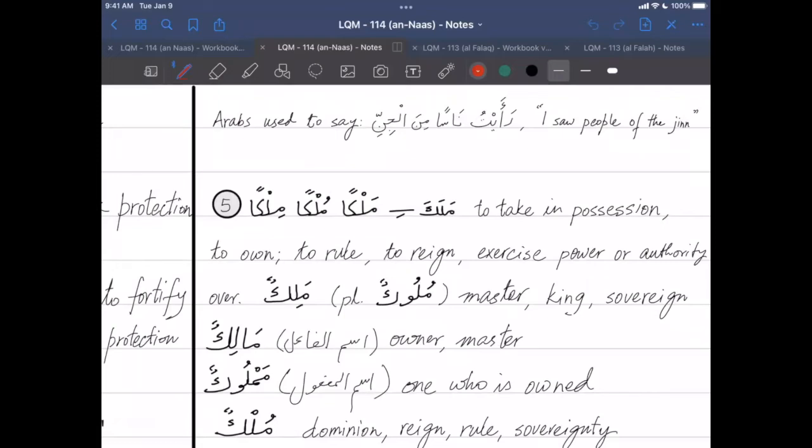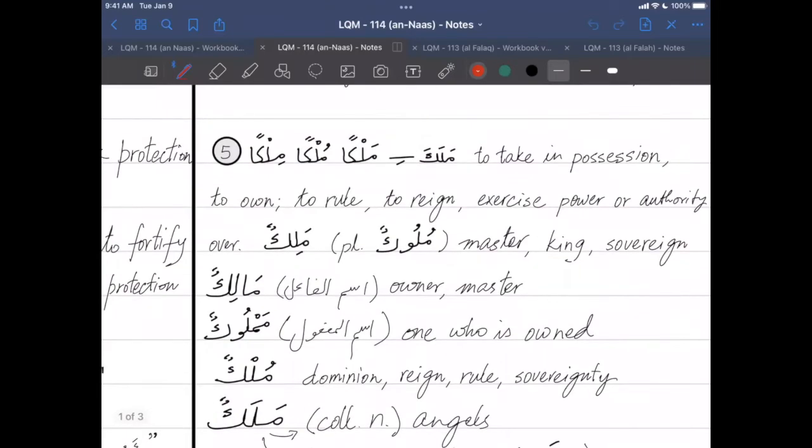The word malik, with the plural muluk, means master, king, sovereign. Ismul fa'il being malik, meaning owner or master. Ismul maf'ul being mamluk, one who is owned.